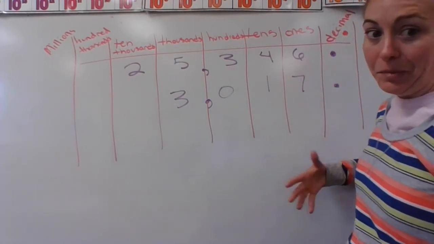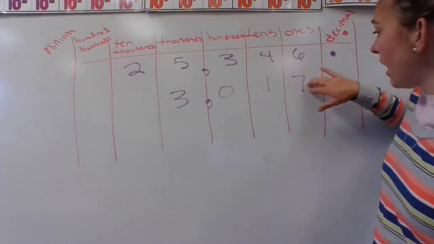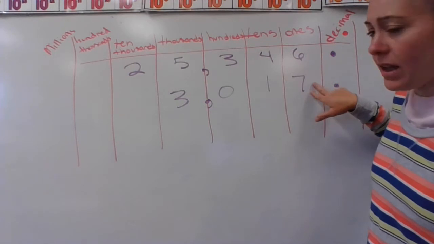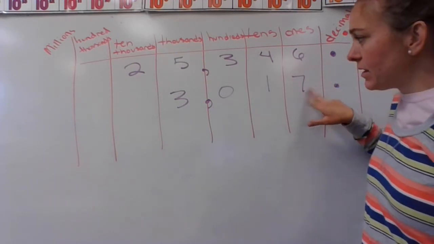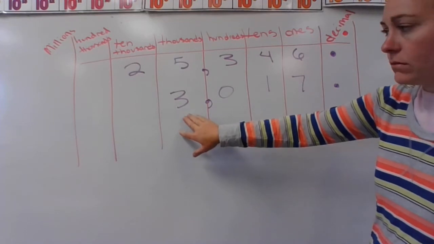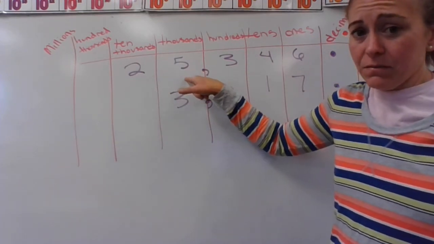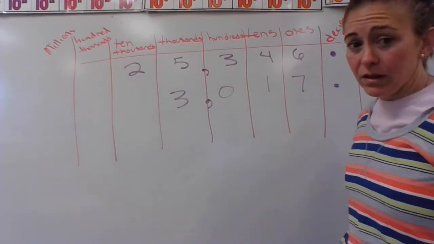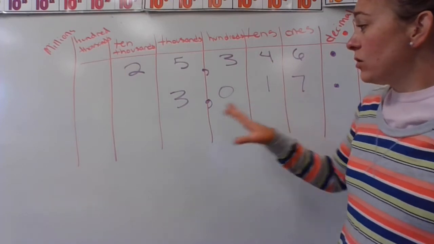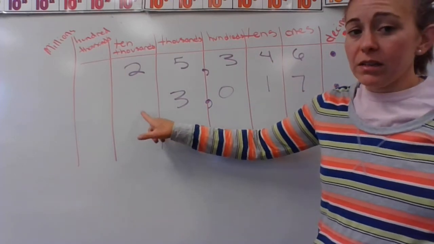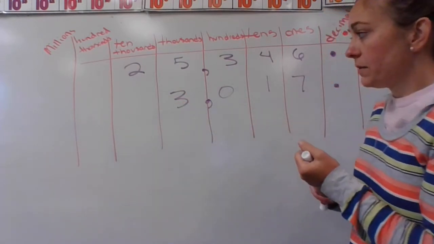So when I compare numbers, I should start with the ones place. And I were to say, well, 7 is bigger than 6, then would that be accurate? This is 3,000 versus 25,000. Is that actually bigger? I don't think so. No, it's not. So you need to start with your biggest place value and then work your way backwards.